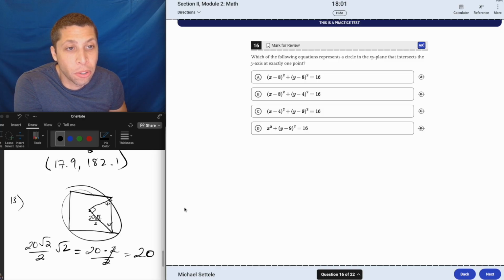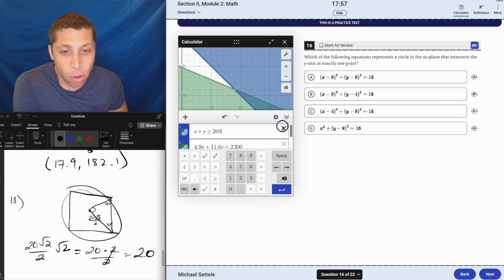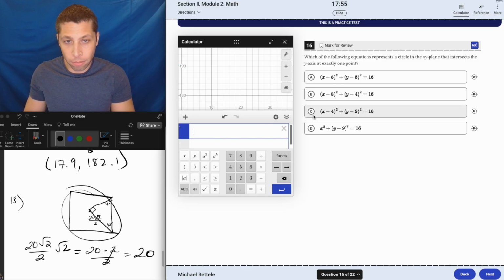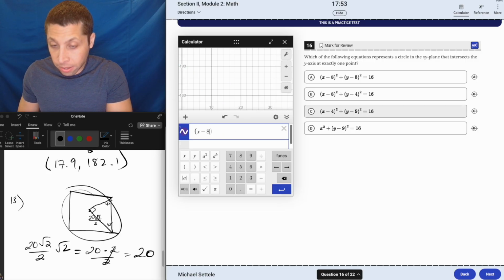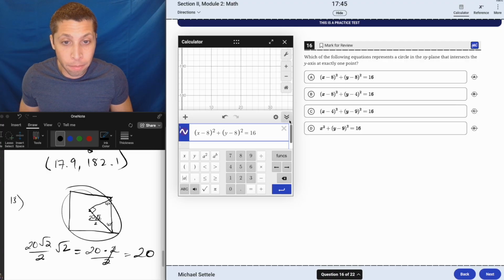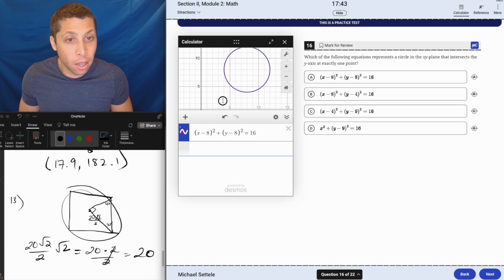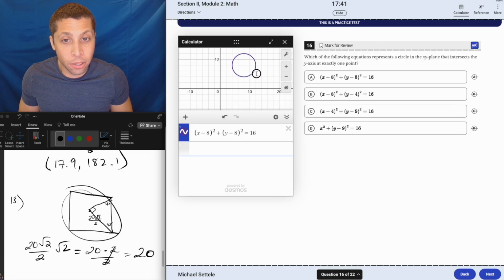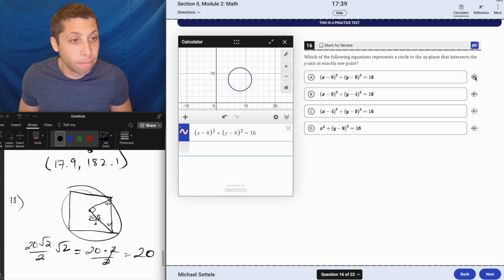Which of the following equations represents a circle that intersects the y-axis at exactly 1 point? Just graph them. X minus 8 squared plus y minus 8 squared equals 16. Doesn't intersect it at all.